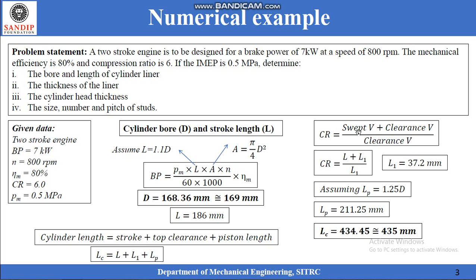Since the cross-section area of swept volume and clearance volume will be the same, this relation can be written in terms of lengths as well, such as compression ratio equal to L plus L1 upon L1. Since L and compression ratio are known, L1 can be calculated as 37.2 mm. Assuming the length of piston 1.25 times the bore diameter, Lp can be calculated as 211.25. By adding L, L1 and Lp, length of the cylinder can be calculated as 434.45, which is approximately 435 mm.